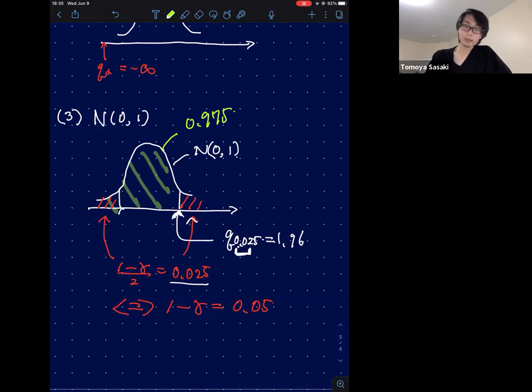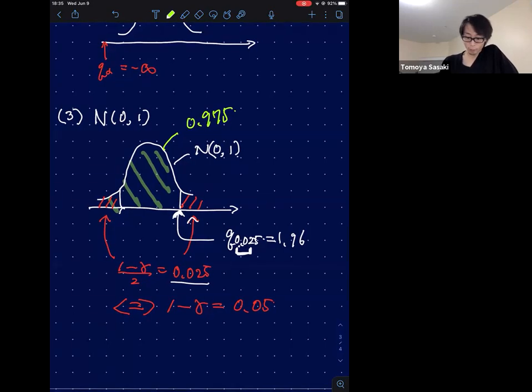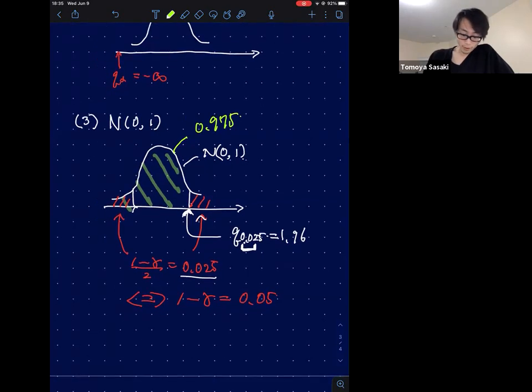If we do it this way, these two tails add up to 0.05, because each tail has the probability mass of 0.025. We're going to use how the tail is distributed a lot when we're doing hypothesis testing.